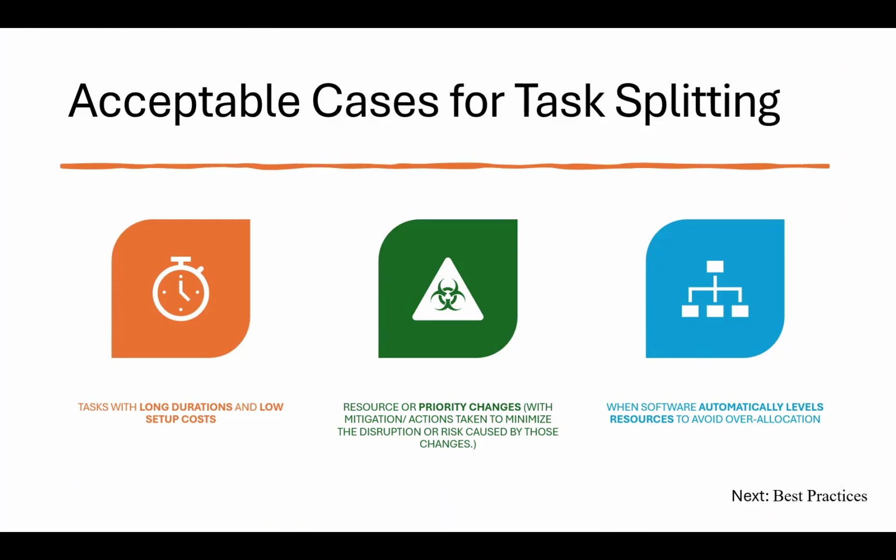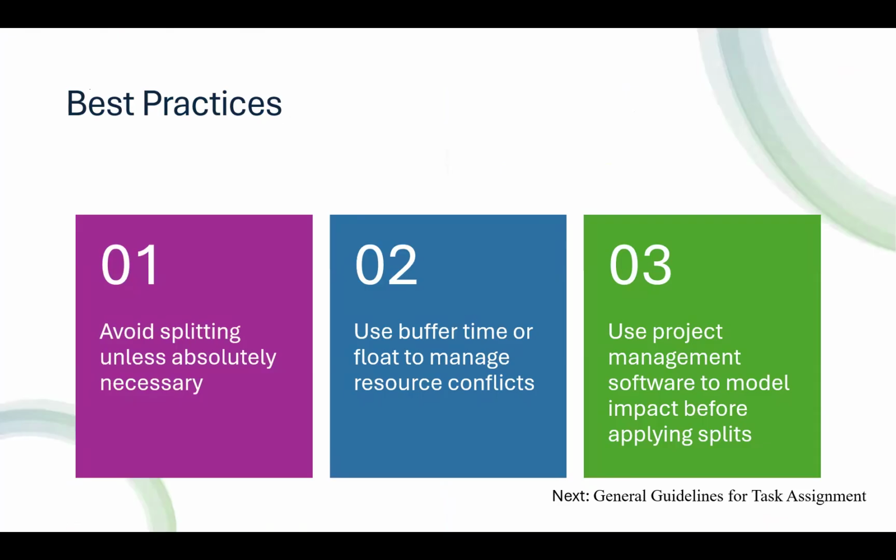And finally, use software. Some best practices: avoid splitting unless absolutely necessary. Use buffer time or float to manage resource conflicts. Use project management software. If you go in the field and become a project manager, it would probably be better if you had the software to work with.